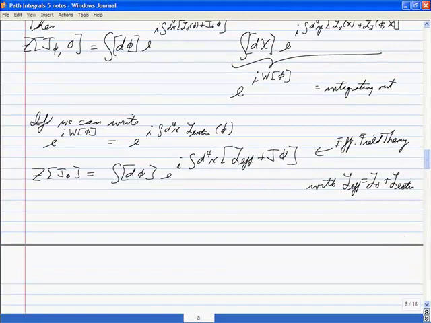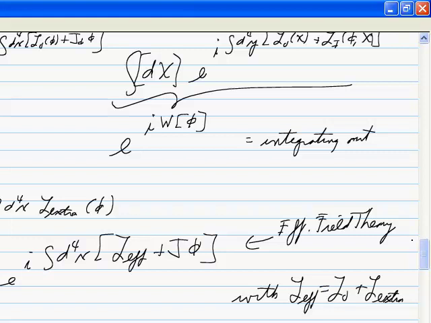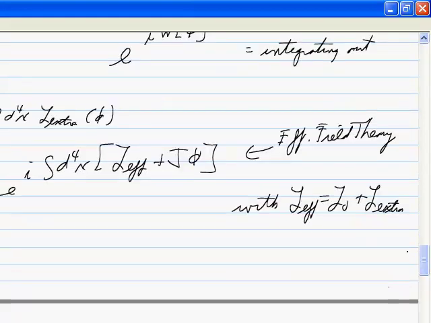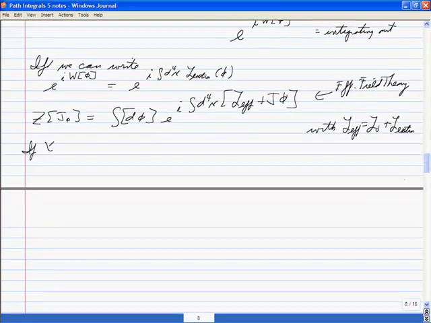So the philosophy, and the physics input that's crucial now, is that if chi is heavy, then you can always write a local effective Lagrangian.